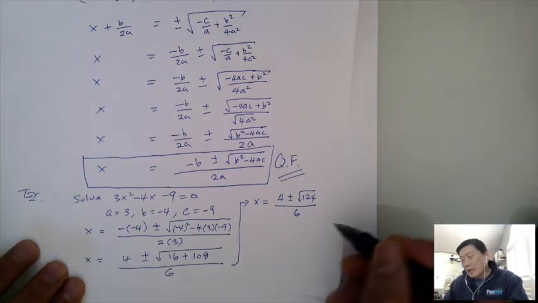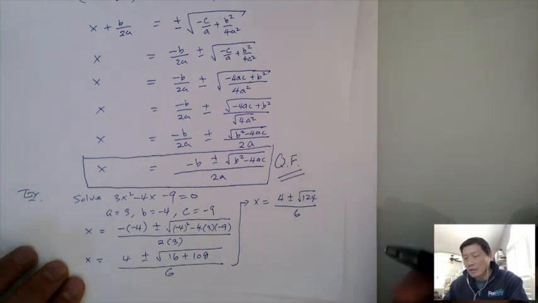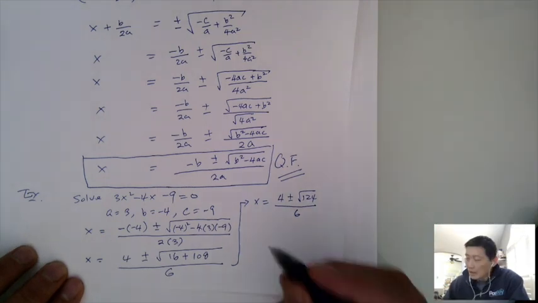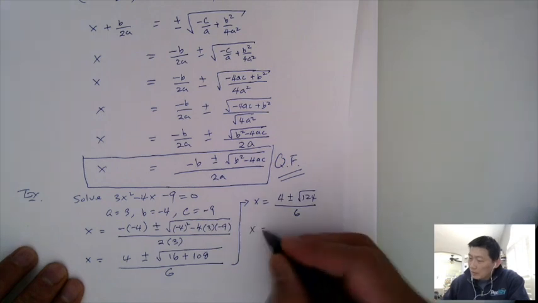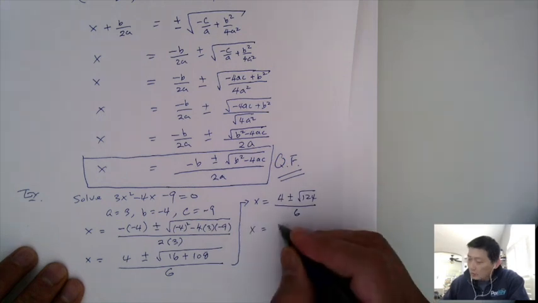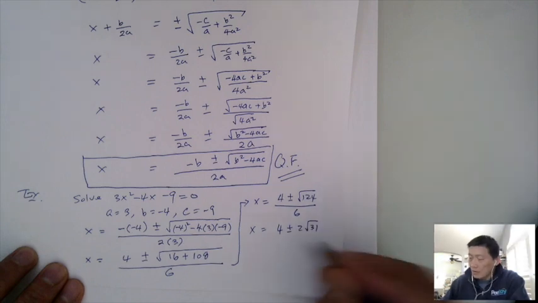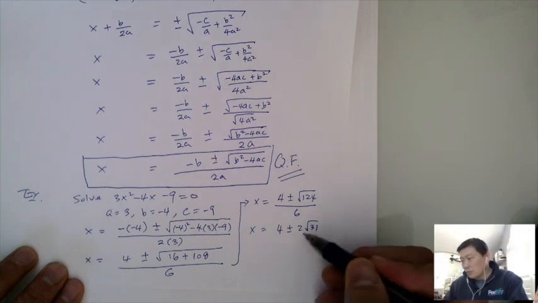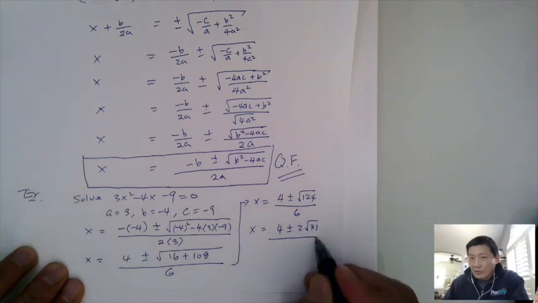Now, typically that's fine. Mathematically, that is a perfectly valid answer. Oftentimes, the test will ask you to simplify. You may simplify them, right? So we can go ahead and simplify a little bit more. We can make that into 4 plus minus 2 square root of 31. You should be able to turn square root of 124 into 2 times square root of 31, and then divide by 6.